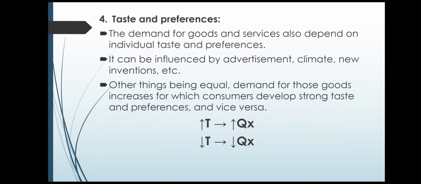The second point is that it can be influenced by advertisement, climate, new inventions, etc. So these tastes and preferences are influenced by the producers through advertisement, or sometimes climate also plays a role. And if there is a new invention, people get attracted to those new products.